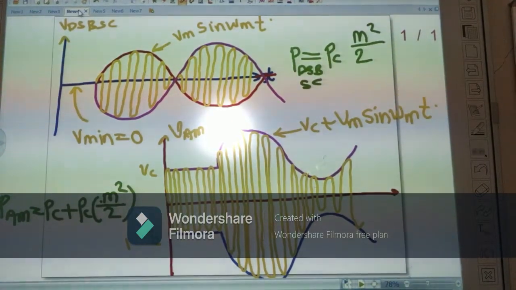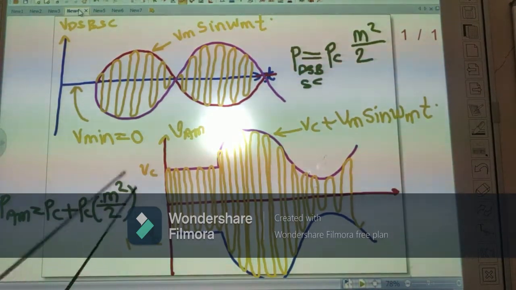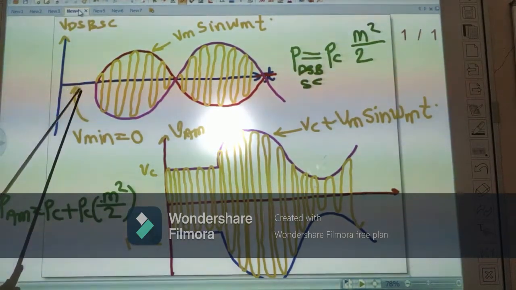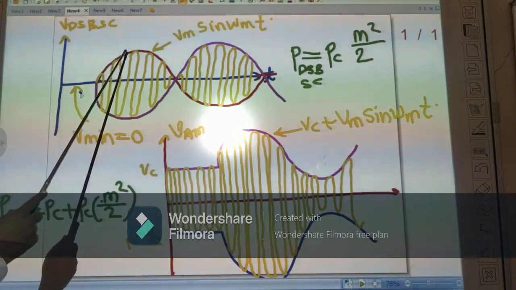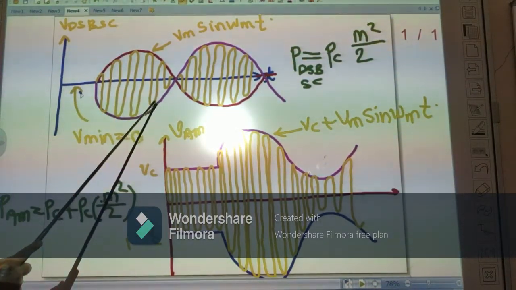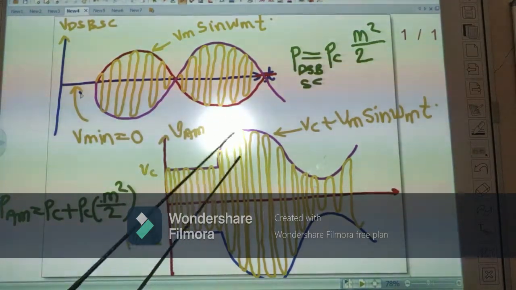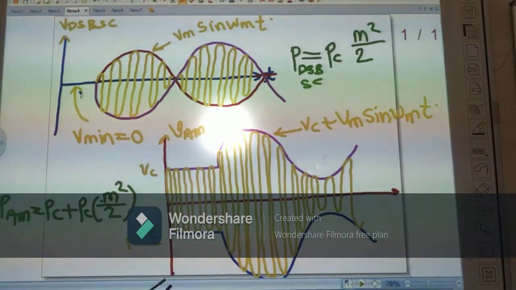These are the time domain representations of DSB-SC and DSB-FC. You observe here V minimum is equal to 0. This is the upper envelope and this one is the lower envelope, and the amplitude of this carrier signal is varied in accordance with the modulating signal.